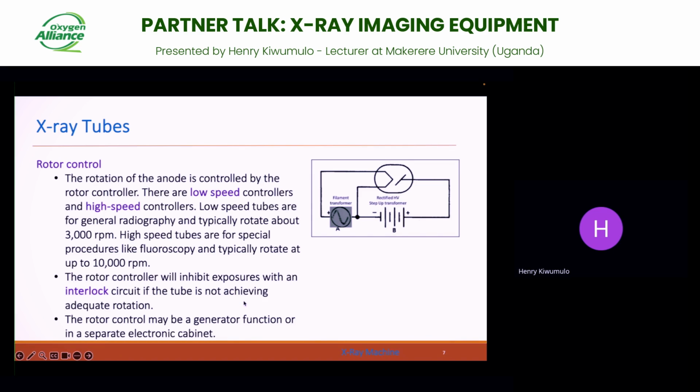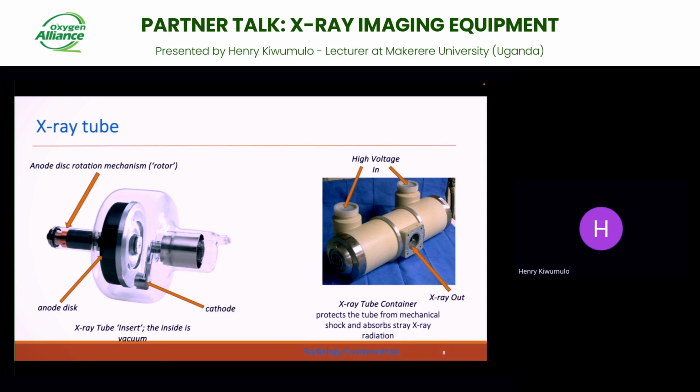This can also be governed by the generator, and this can be a separate electronic cabinet that can also control the rotor.